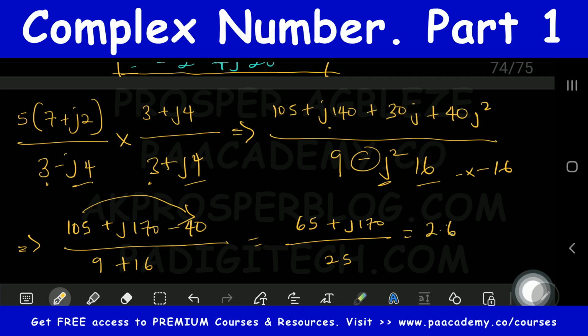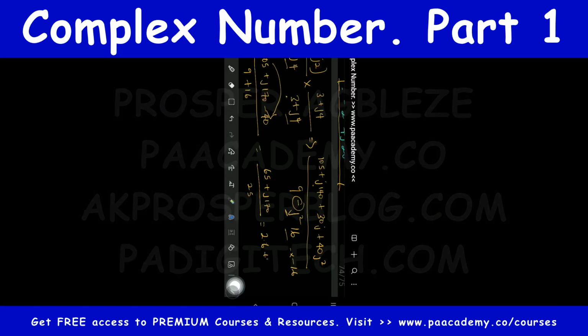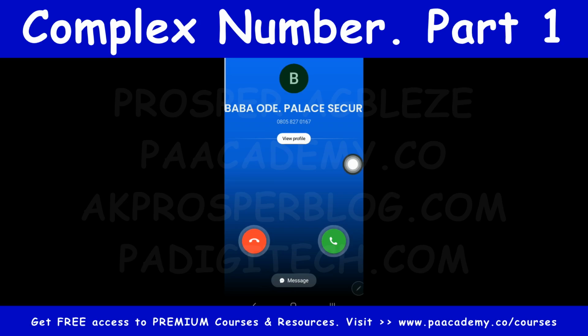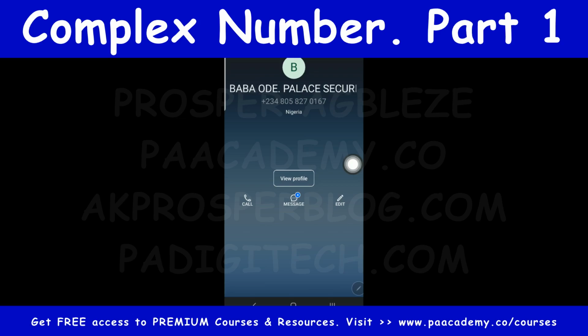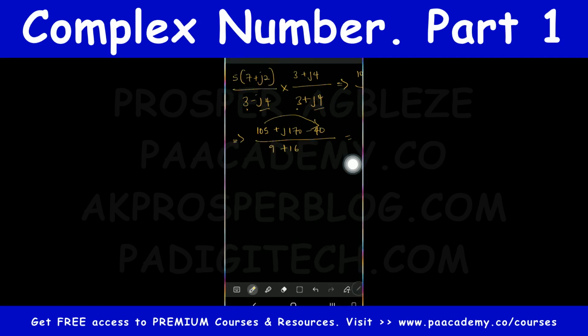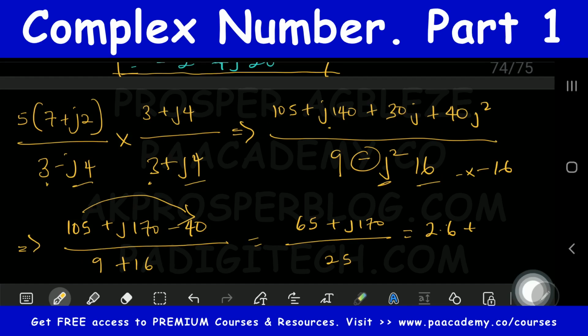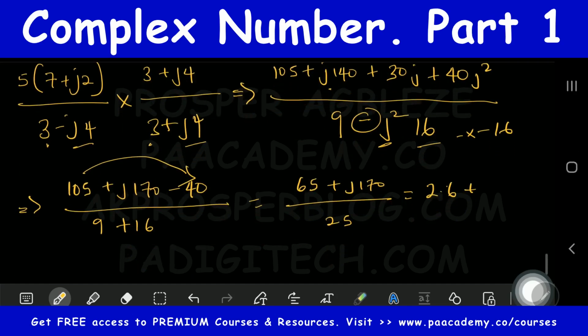So you are going to be having 2.6 plus, for this other part, if you divide 170 by 25, that's going to give us 6.8. So that's going to be plus 6.8j. All right, so in doing this, we've already gotten the other part.